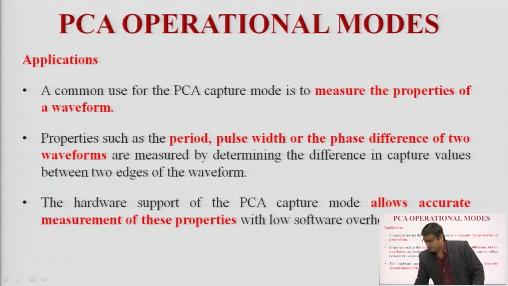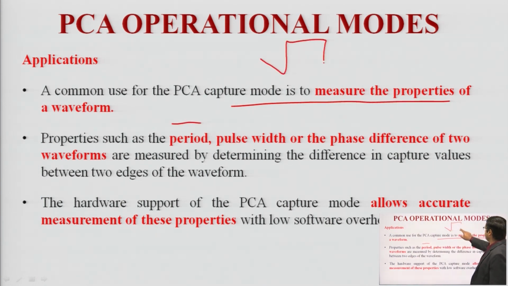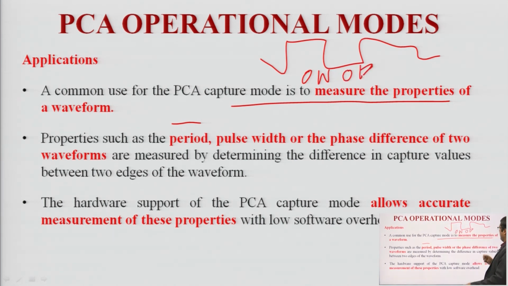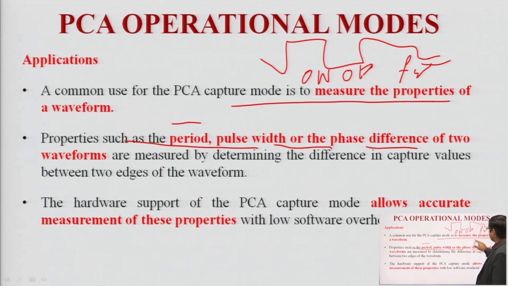In the last slide, we have the applications of the PCA operational modes. PCA capture mode is used to measure the properties of a waveform: the on time, the off time, the duty cycle, the frequency and the length of the waveform. These include properties such as the period, pulse width, and phase difference between two signals.